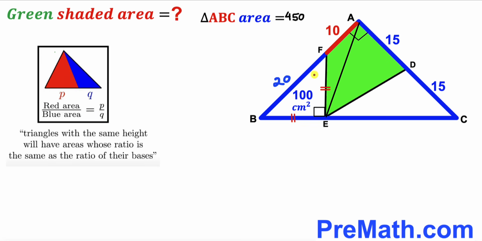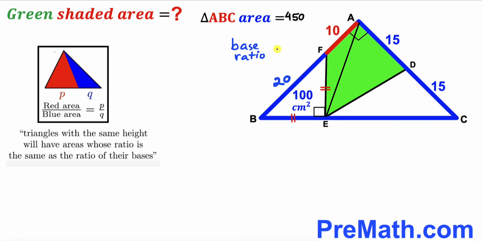So we are going to focus on these two triangles, this triangle BEF and this other triangle AEF, and both of these triangles have the same height. We can see the base of this triangle is 20, whereas the base of this triangle is 10.